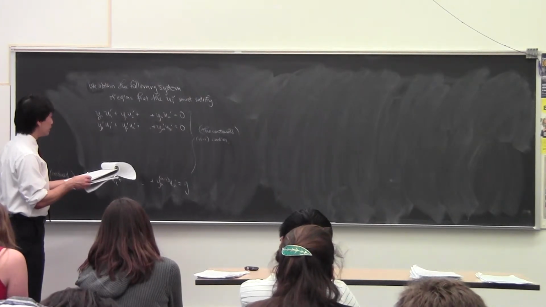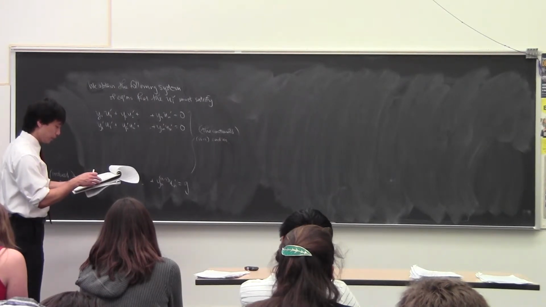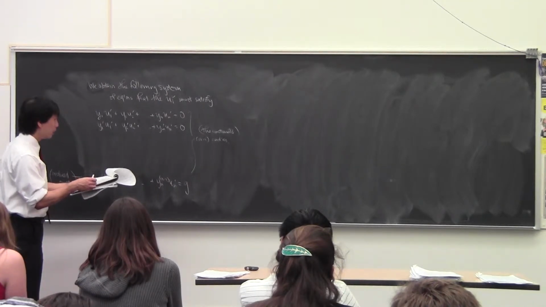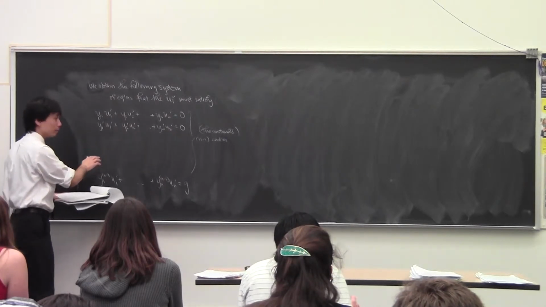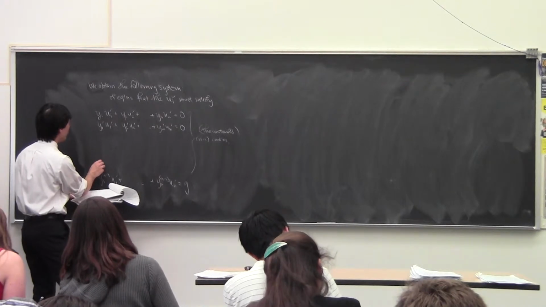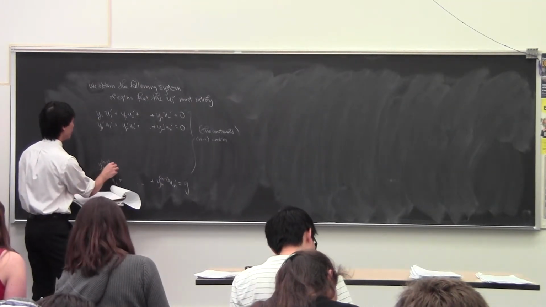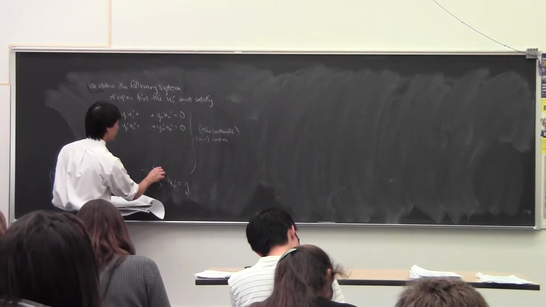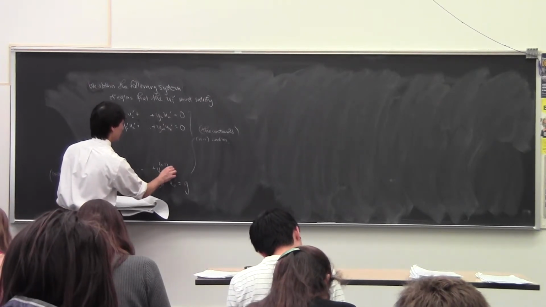So this one should go to u2, wait. That one should have gone from 0 to n minus 2. So this one should be y1 n minus 2, u1 prime plus y2 n minus 2, u2 prime.